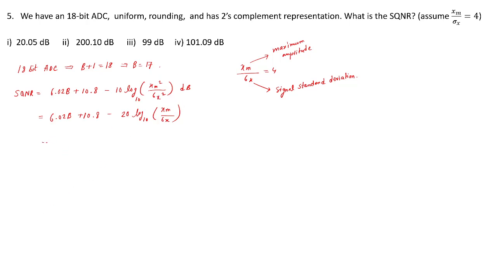We obtain 6.02b plus 10.8 minus 20 log base 10 4 dB. The unit is essential to remember. 10.8 minus 12.04 dB.